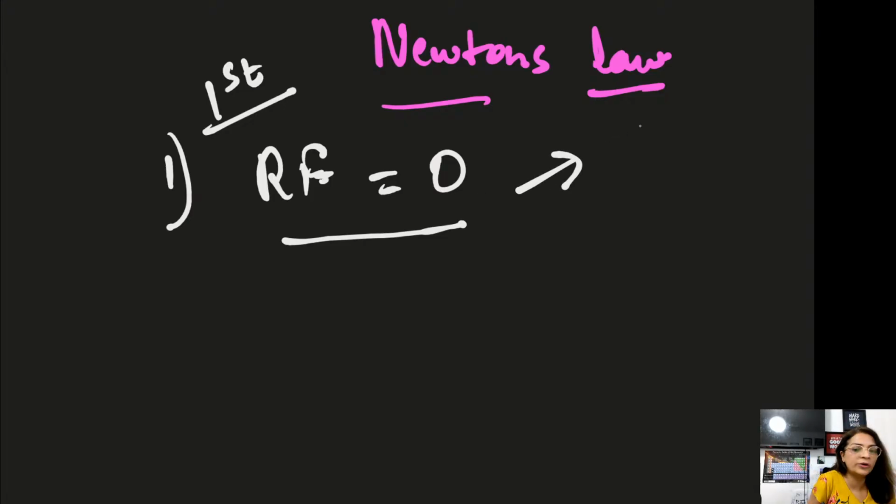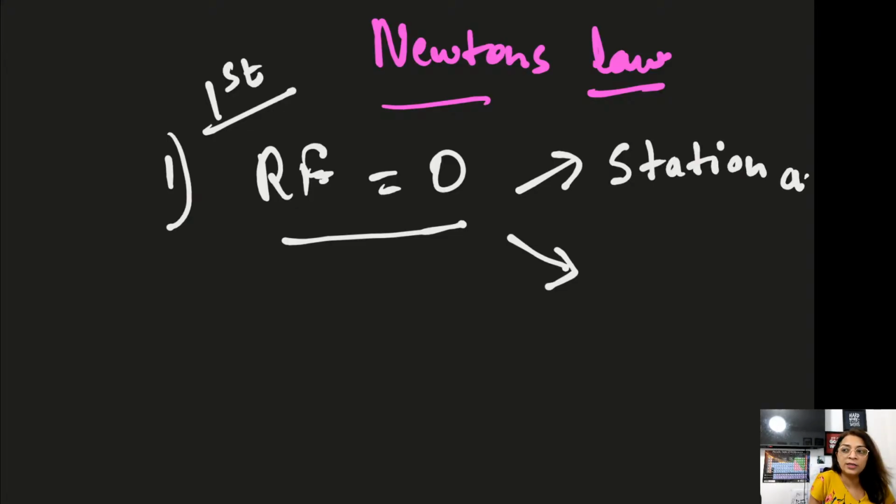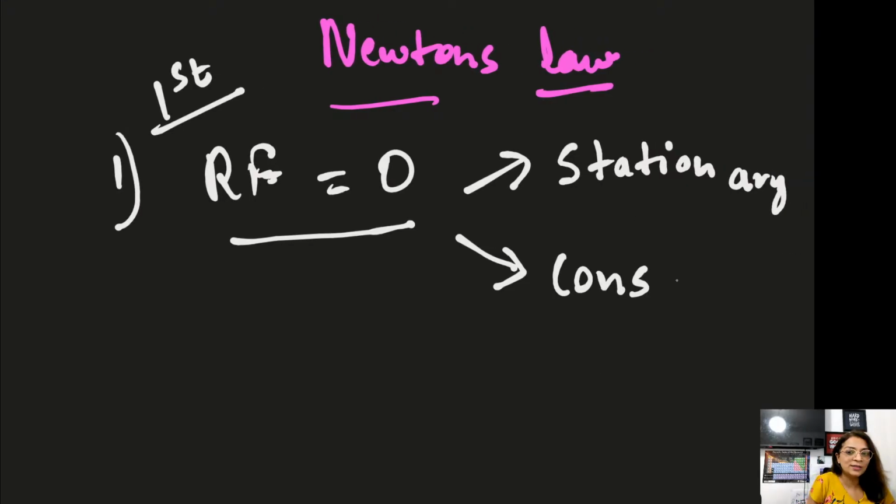There are two conditions for the resultant force to equal 0. Please tell me in the chat if you remember. The object must be stationary or, come on, constant velocity, very good. Constant velocity, not speed.